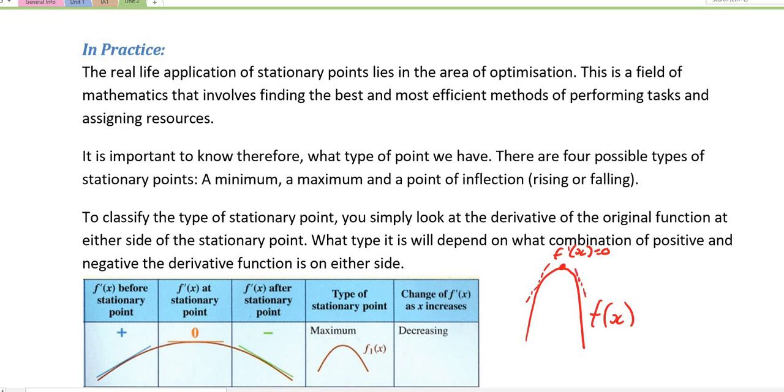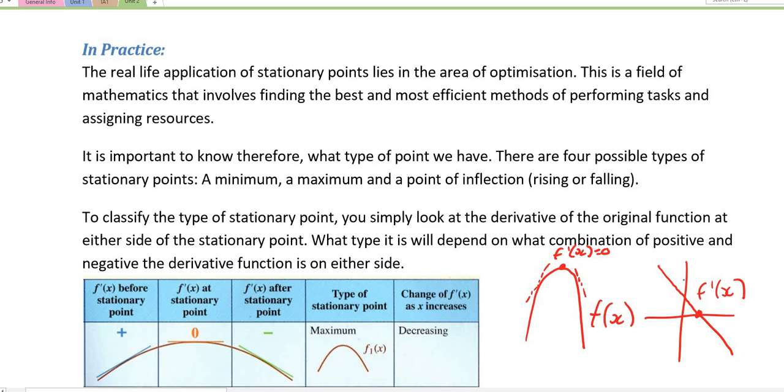So if I was then to plot my derivative function, it'd look something like this. Positive, 0, negative. So this is the f dash of x. Up until that stationary point, the slope is positive.